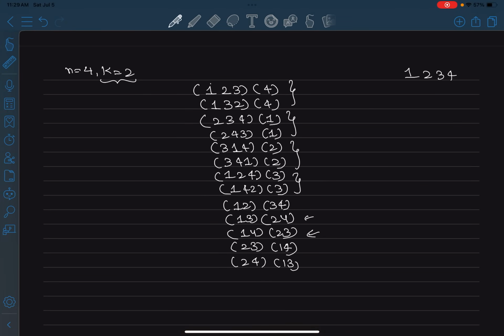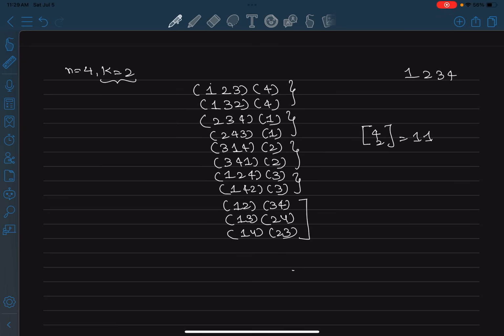If you want to write 3 4 1 2, it's already over here too. So you don't really need these because they are already over there. It seems like there are 11 such functions with n equals 4 and 2 cycles, and that gives us the Stirling number of the first kind: [4 2] is just 11. 8 from here and 3 from here.